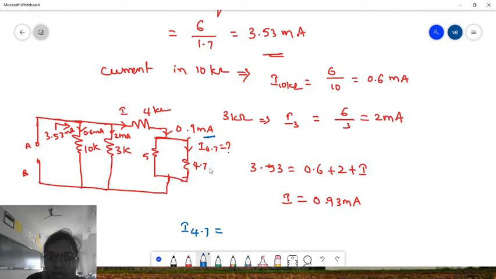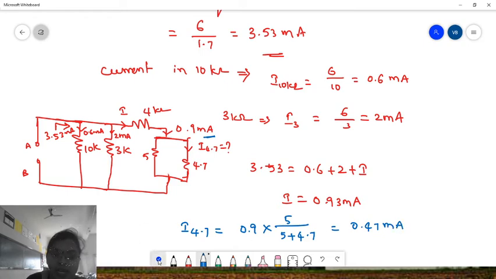The total current here is 0.9 milliamps. So we should write the opposite resistance, that is 5, by total resistance, that is 5 plus 4.7. So that value is 0.47 milliamps.